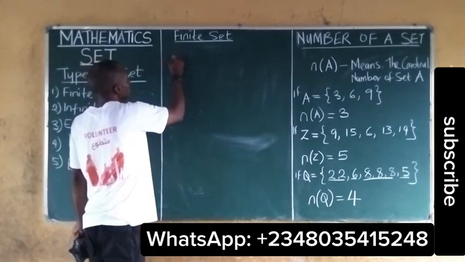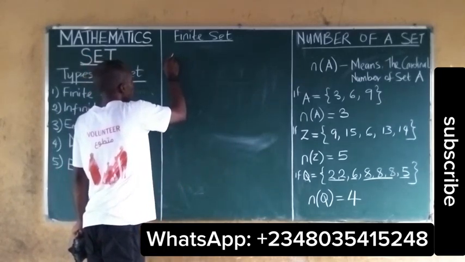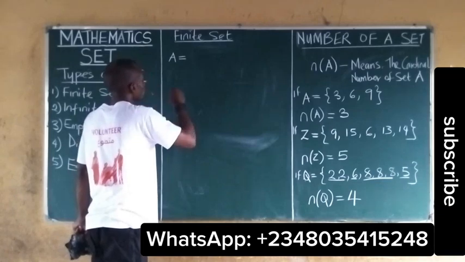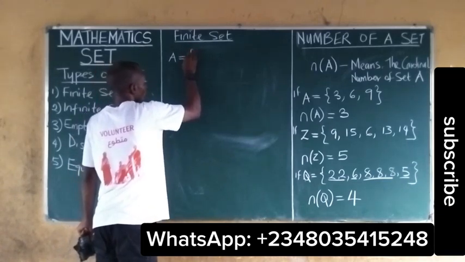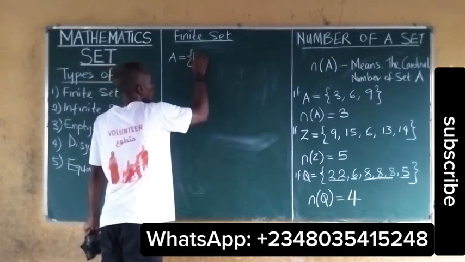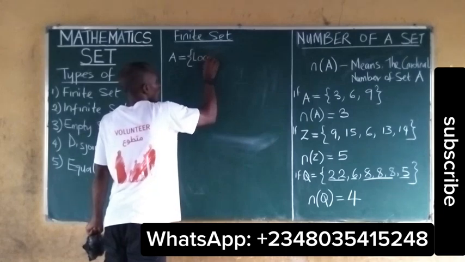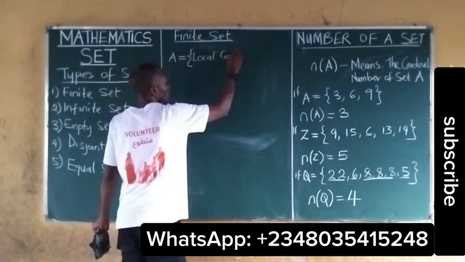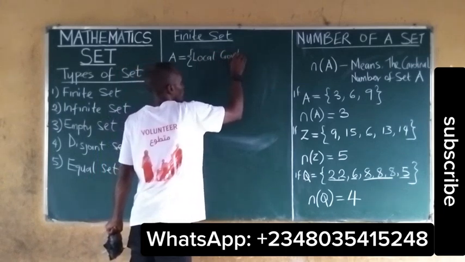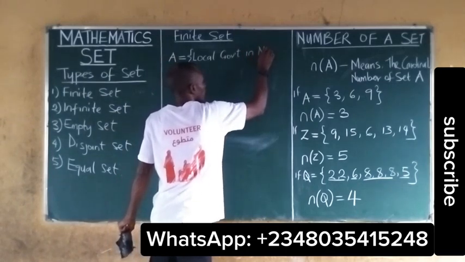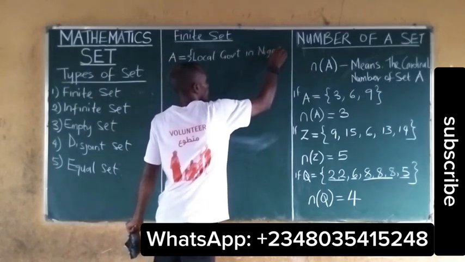For example, A is equal to local governments in Nigeria.